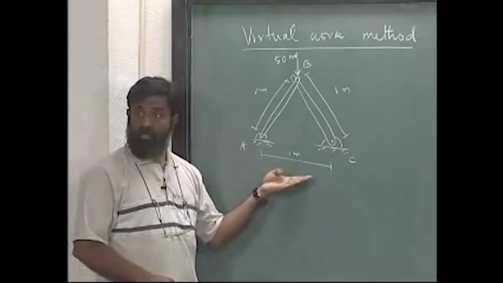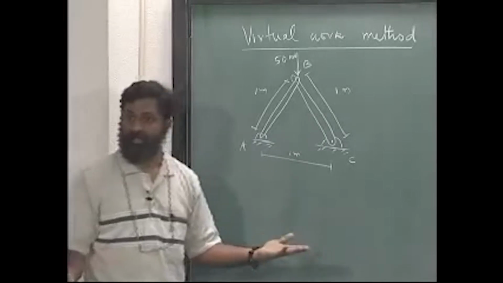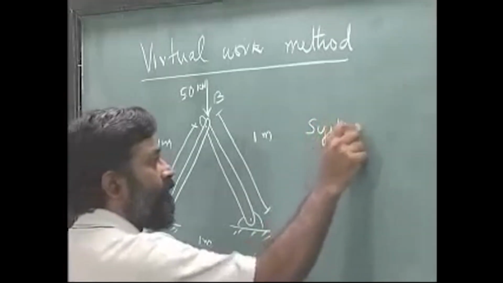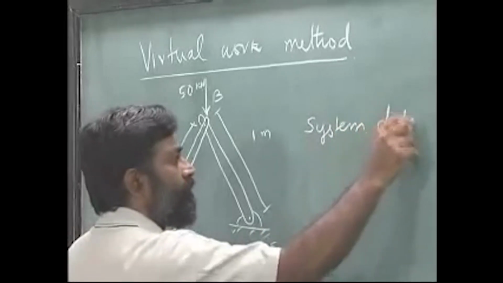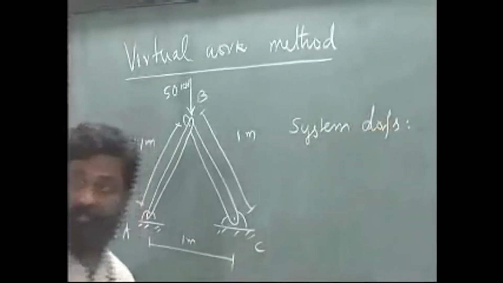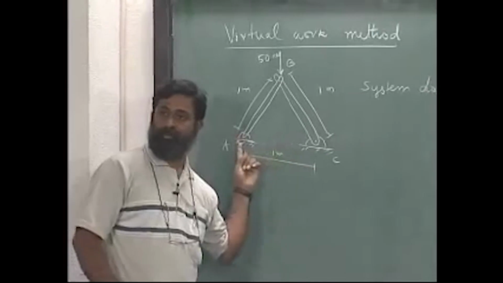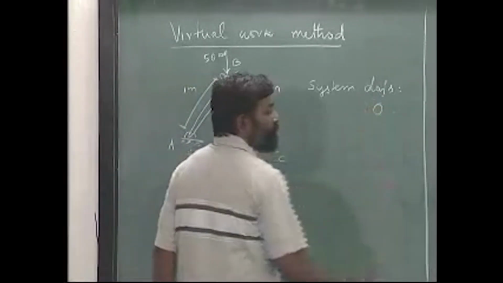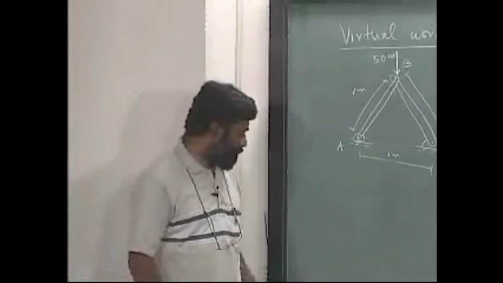The answer to that question in this particular case is yes. So, if I ask you the system degrees of freedom, this is with fixed points, the number of degrees of freedom is 0, alright.